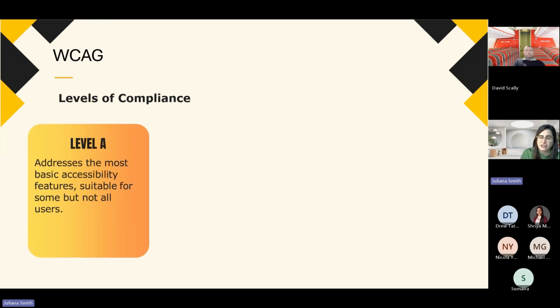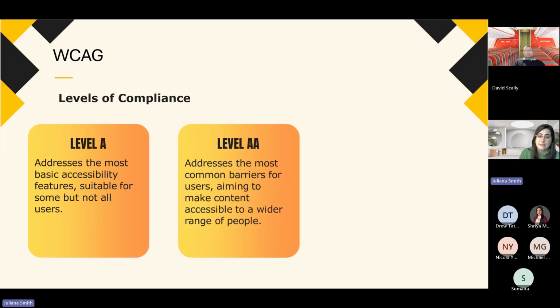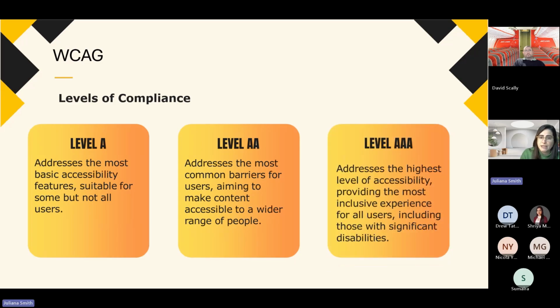In terms of legal levels of compliance, we have level A, which addresses the most basic accessibility features and is suitable for some and not all the others. Level AA addresses the most common barriers for users, and it aims to make content accessible to a wider range of people. And level AAA addresses the highest level of accessibility, providing the most inclusive experience for users, including those with significant disabilities.